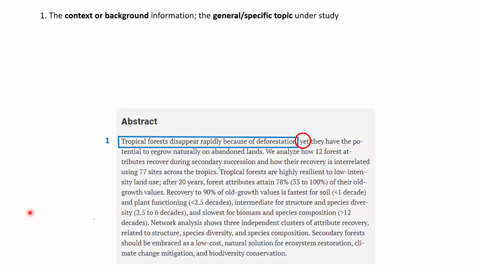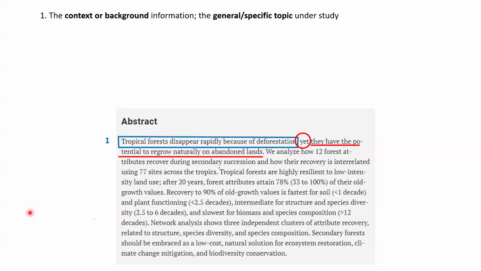And now, without even saying, it is obvious what the focus of the research is. He is now going to look at the regrowth potential of these tropical forests and abandoned lands. Even without saying that, it's given in this particular sentence.